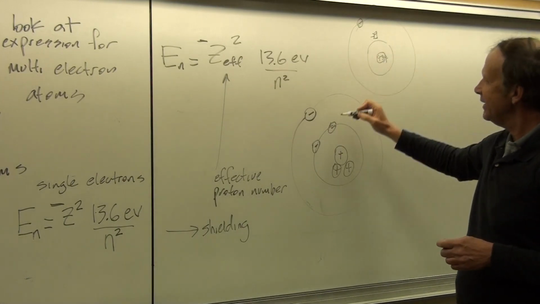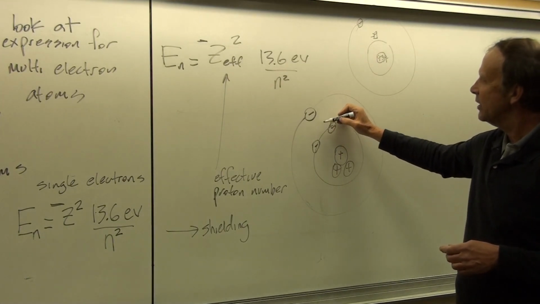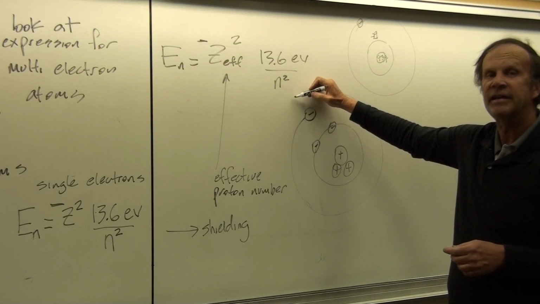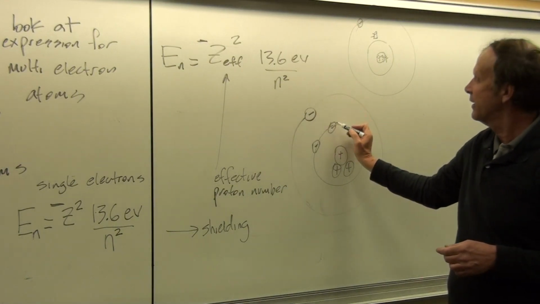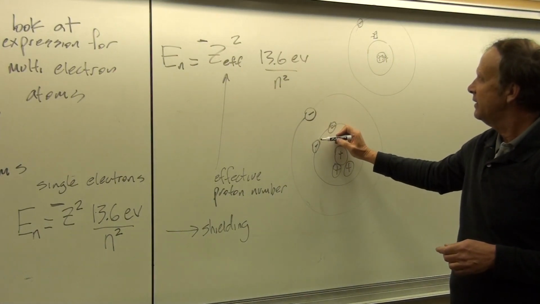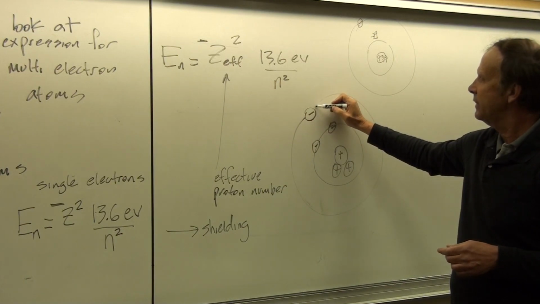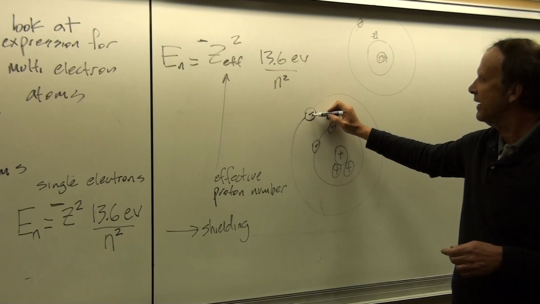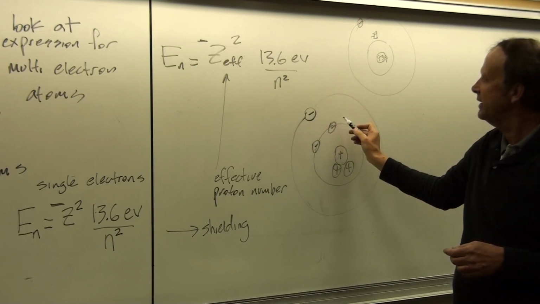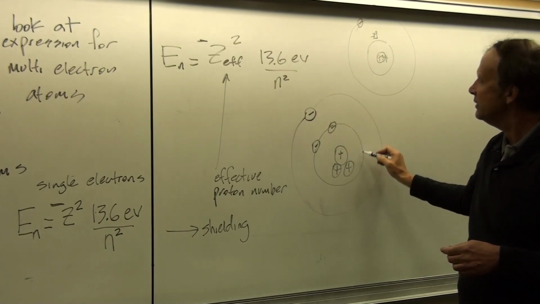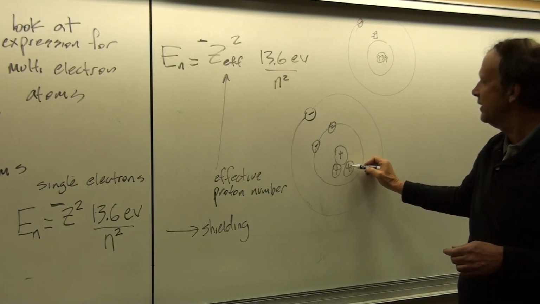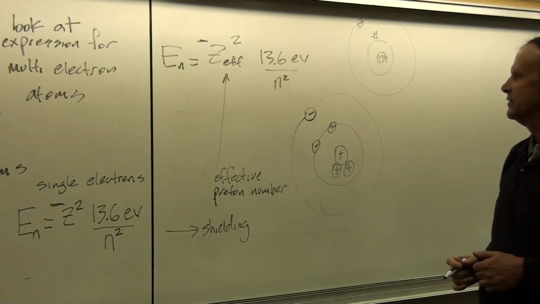But it's not quite that simple because the electron probability actually does extend out farther for these electrons than the orbital radius of this other electron. And so this electron isn't completely shielded by these 2 electrons from the 2 protons in the center.